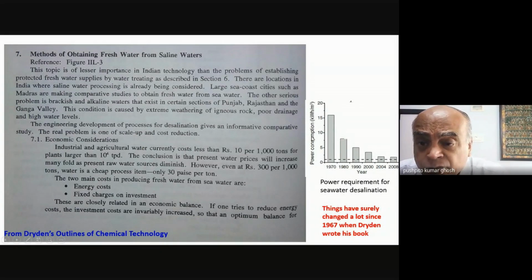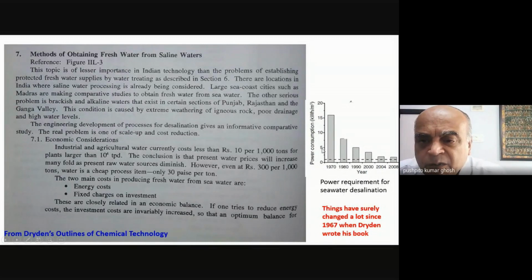And this is one of those, like the computer chips, which have become so much cheaper, or solar cells compared to when they were invented. Desalination also, even if I take the 70s figure, it has come down to something like maybe about 3, I'm talking about the best plants. This is not the standard.